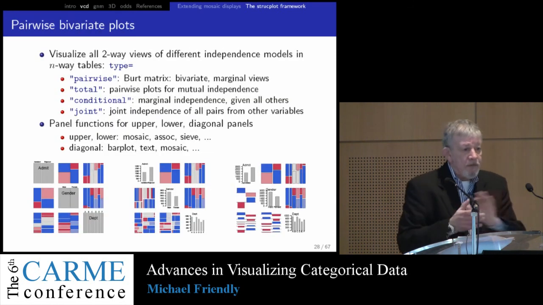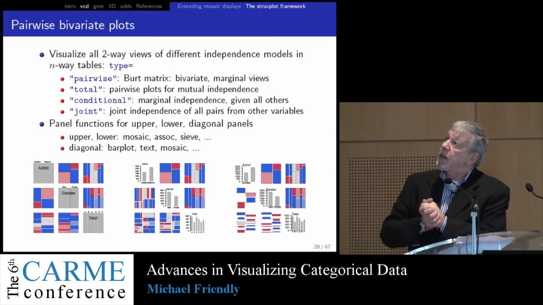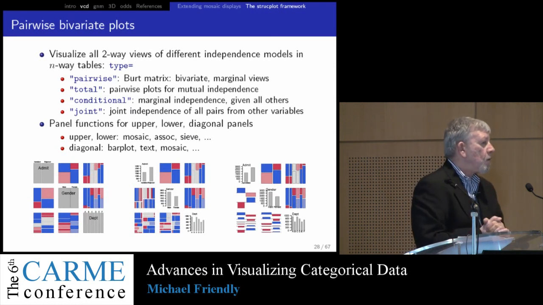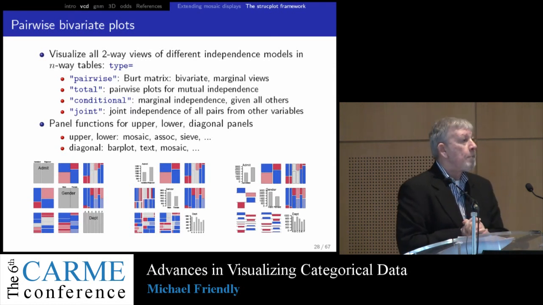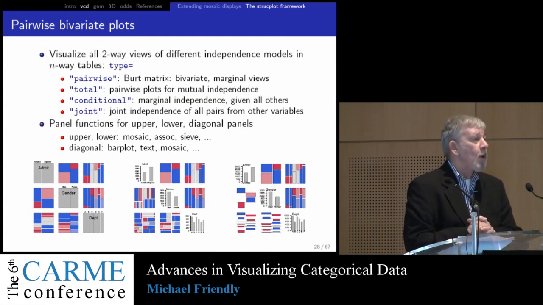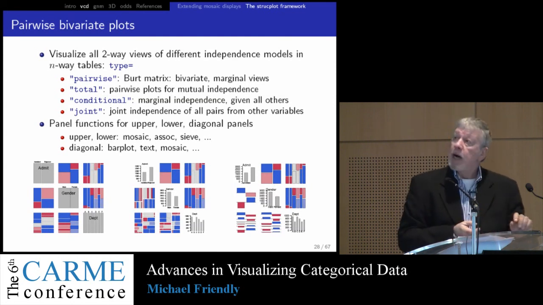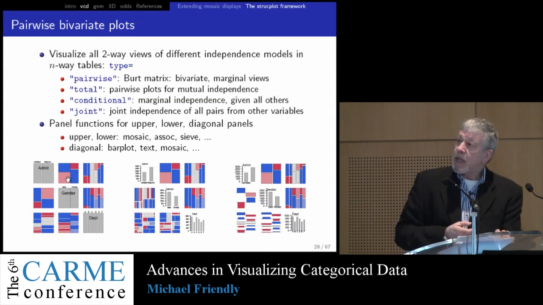So this provides a very general scheme. We can, for example, look at a variety of different pairwise bivariate views. A view showing essentially a visualization of the Burt table is simply all pairwise plots together with the univariate margins.